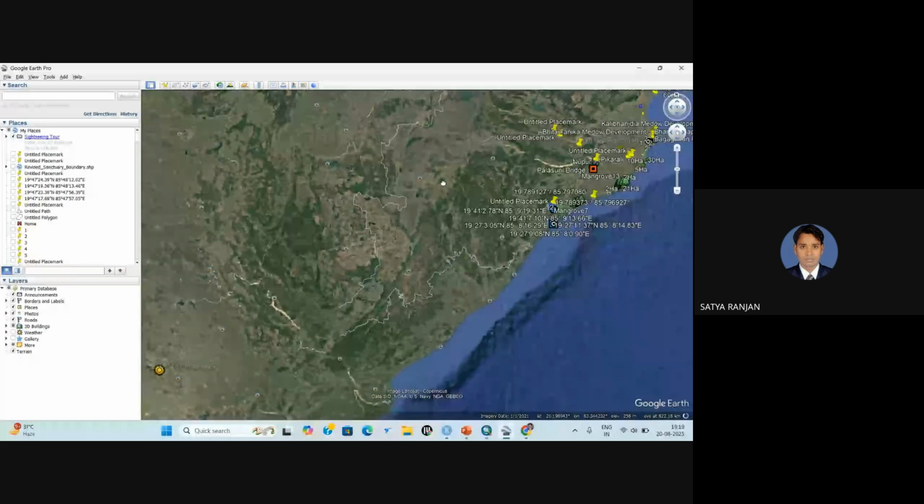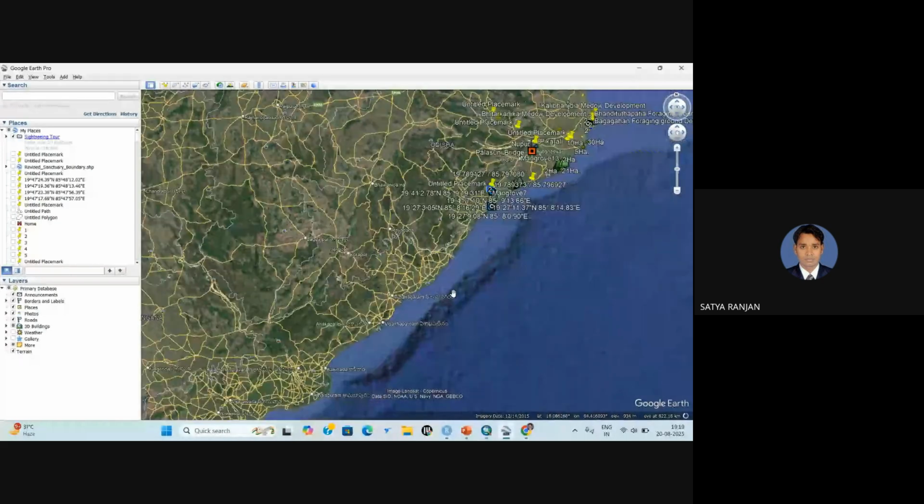But actually, if we get the satellite image of a particular small area on our system, it may be more than 100 or 200 GB, as it is a very high resolution satellite image. So it is very difficult to visualize and zoom in and out on all these images.